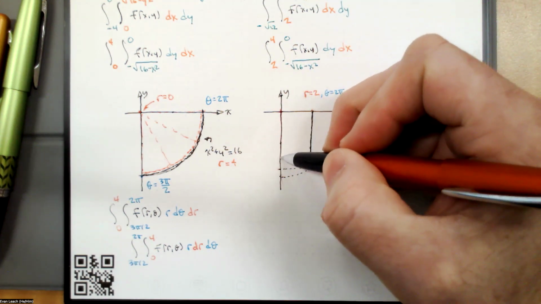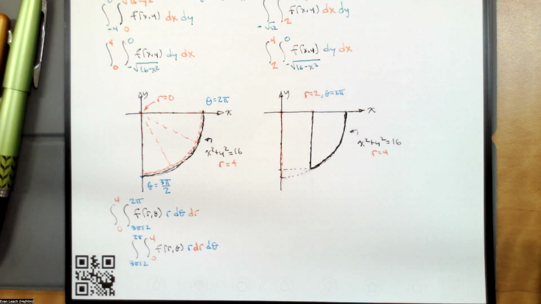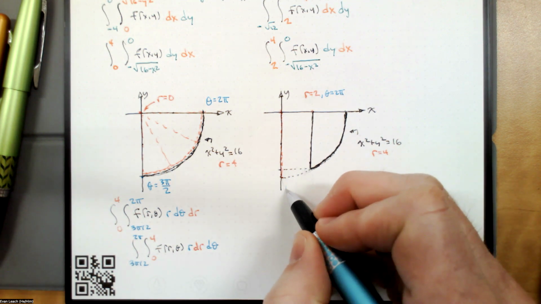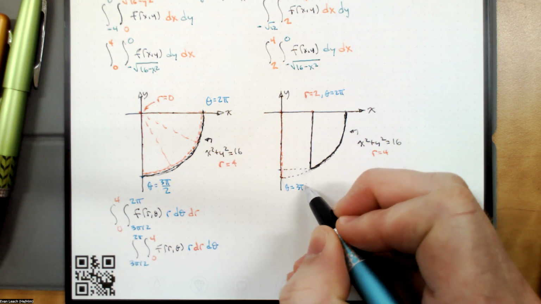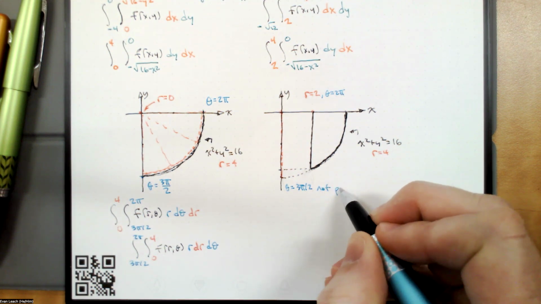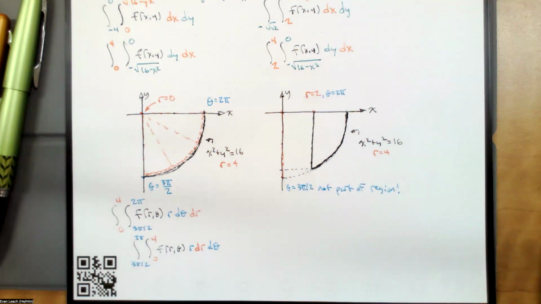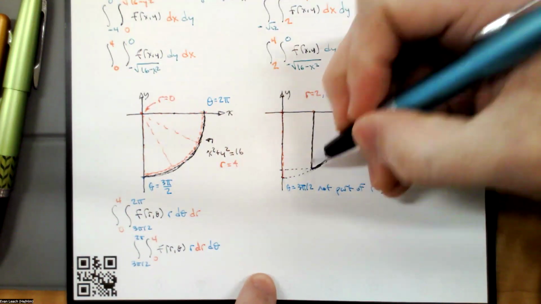So if I go down here where theta is equal to 3 pi over 2, that's not part of the region. The values for theta in this region do not start until we get to this point down here.